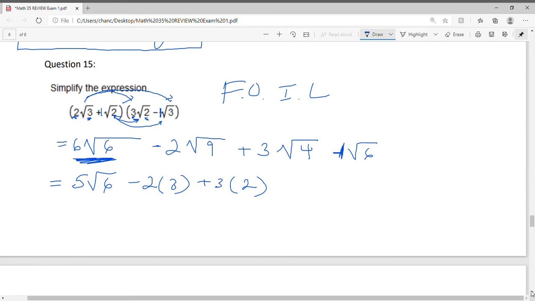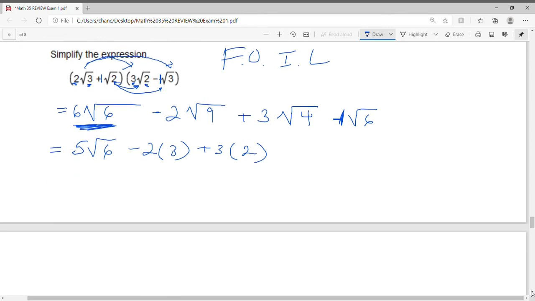And so now we have negative 2 times 3 and 3 times 2. Let's simplify that. That gives me negative 6, and this gives me positive 6. The 6 and the negative 6 cancel out, and that means our solution is 5 root 6.